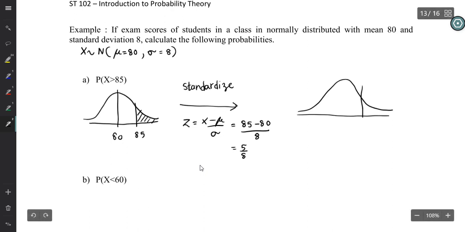So here's our z score. When you standardize, it is symmetric about the 0. Okay. So what is the value of 5 divided by 8?